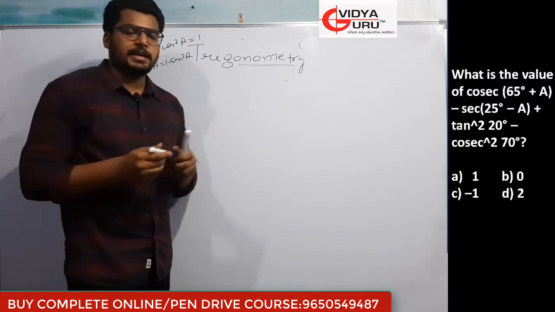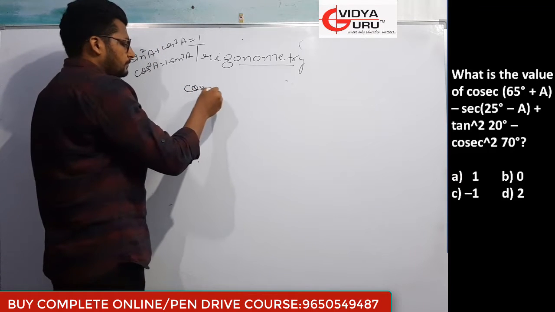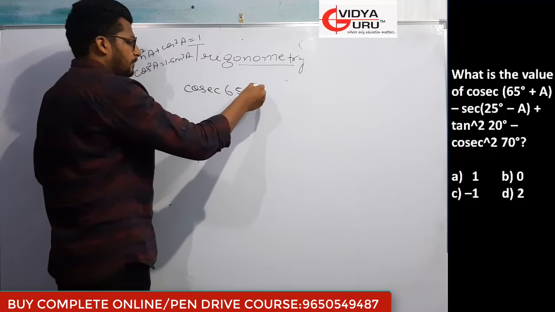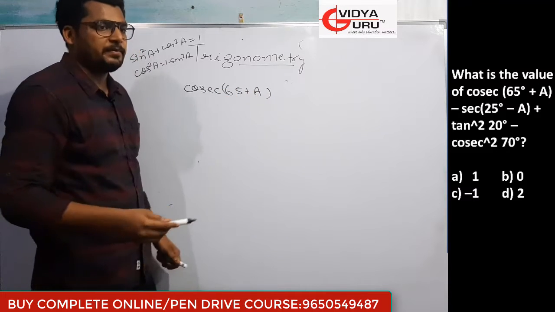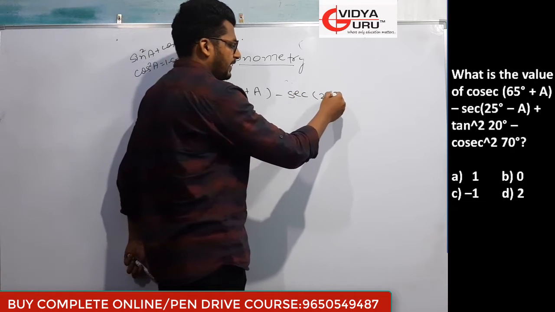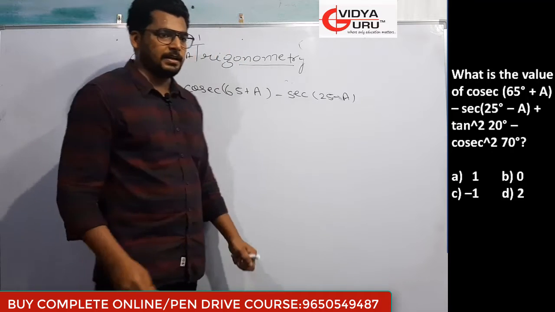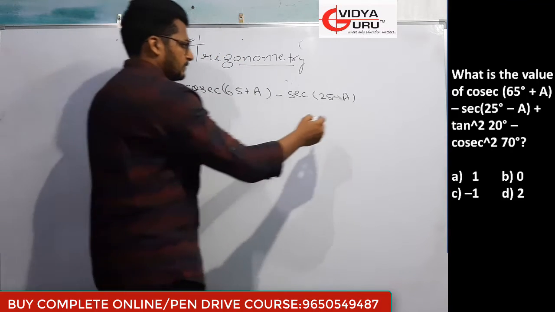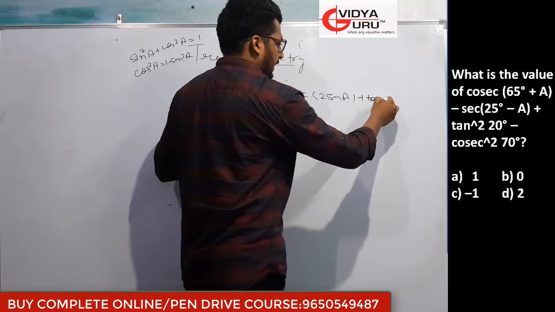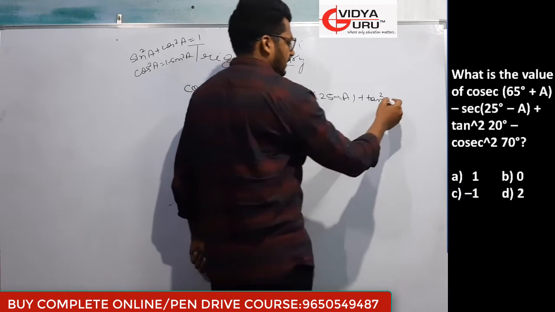What is the next question saying? Cosec 65 plus a minus sec 25 minus a plus tan square 20 minus cosec square 70.